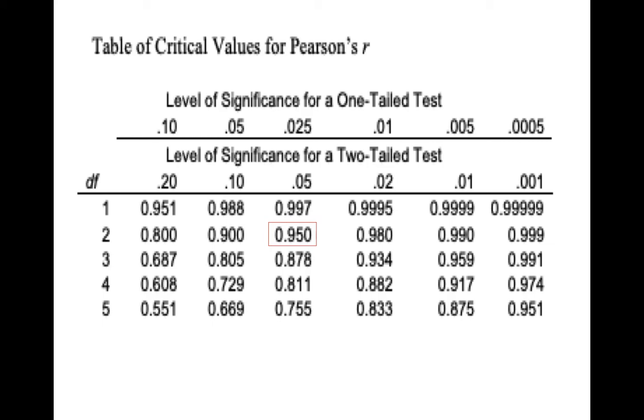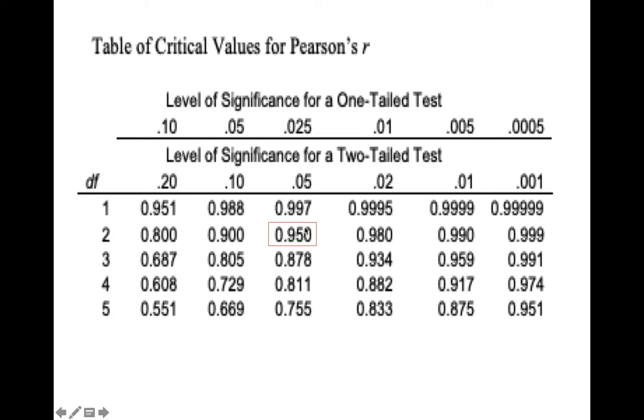How big would we need that correlation to be? I presented this in a previous lecture, and I think this is a nice complement to looking at the critical t, because the critical t of plus or minus 4.3 doesn't exactly show you how big the correlation would need to be. So if you transformed that critical t of plus or minus 4.3, you'd come up with basically a correlation of 0.95.